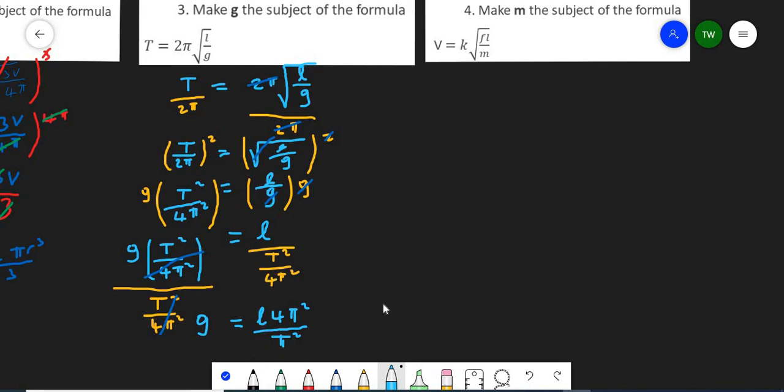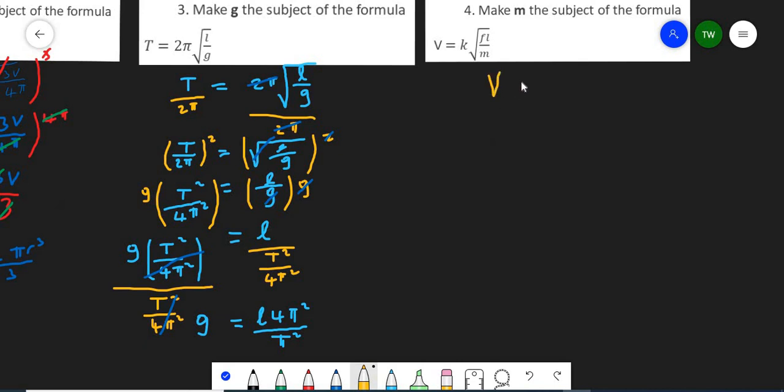Alright, for the last one now, we have to make M the subject of the formula. V equals K times the square root of FL over M. So we know that we have been given V, right?